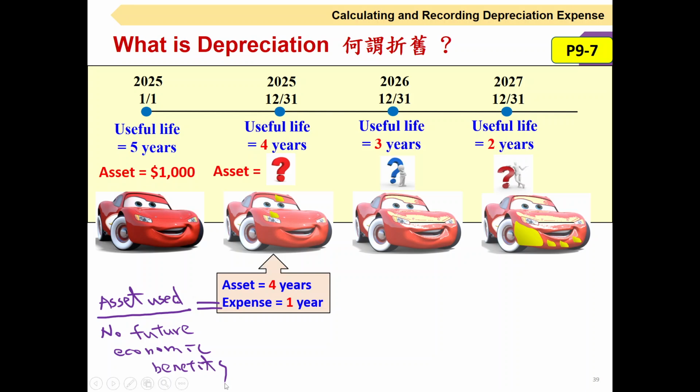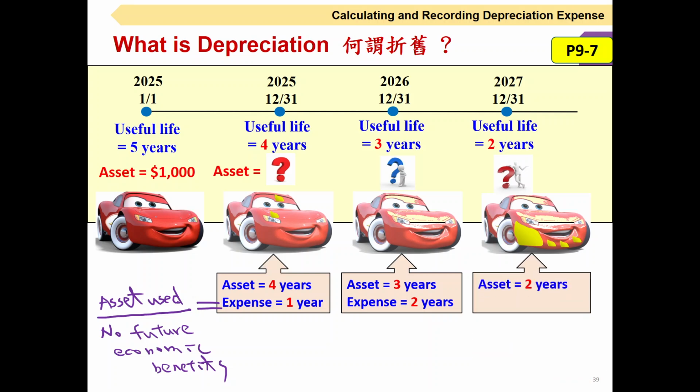So the part you used, 使用掉的资产没有未来经济效益，那就是什么？费用。Okay? So asset used, no future economic benefit. So that's our expense. After 1 year, assets only 4 years, expenses increase 1 year. So how about next year? Assets only 3 years, then expenses increase 2 years, right? Then how about next year? Assets decrease 1 year. Okay. Expenses increase to 3 years.